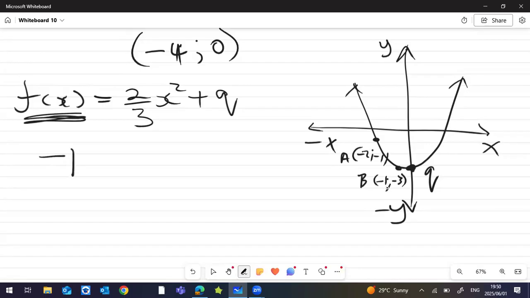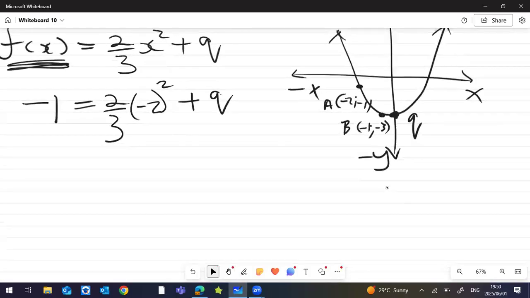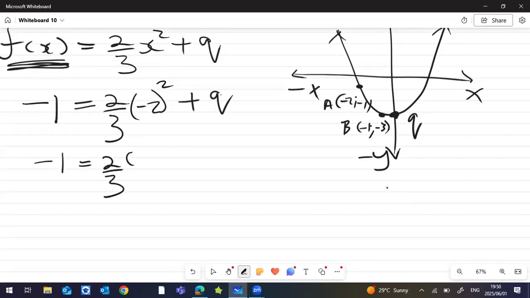I'm going to use point A. At A, y is -1. Then you have 2 over 3, your x, it's -2 there, all squared plus q. So if you work out this one, -1 equals 2 over 3. You square -2, you get 4, plus q.